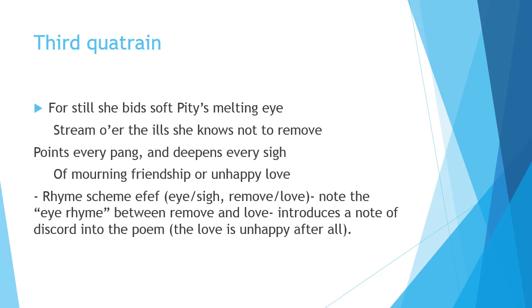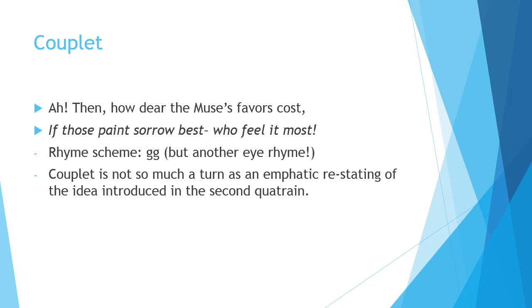Again, there's a deliberate reason for these choices, and in this case we can see how that introduces a kind of note of discord into the poem. The speaker is talking about unhappy love, and it's so unhappy that it doesn't even complete the rhyme in a satisfying way. So the kind of dissatisfaction the speaker is undergoing is transferred over to the reader.